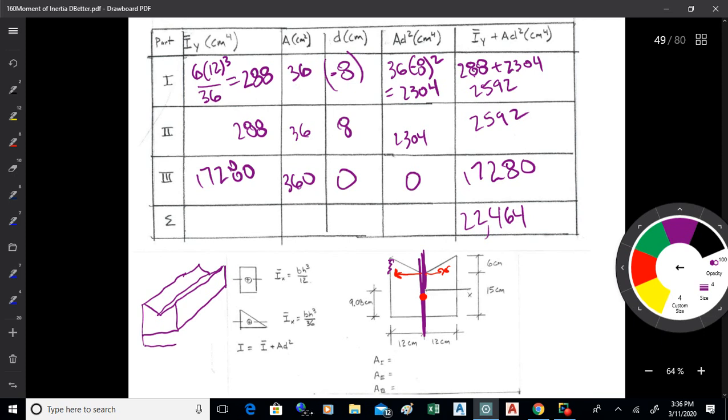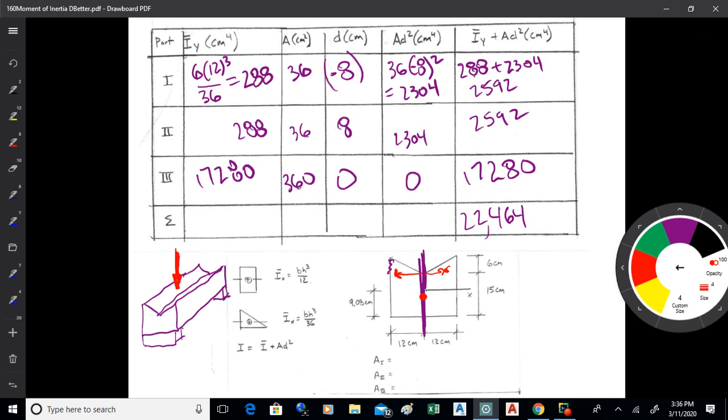So if I have a beam like that, and I'm supporting it, and then I load that beam down, I use I sub x, and that is part of the equation that will tell me how much stress will build up in that beam.